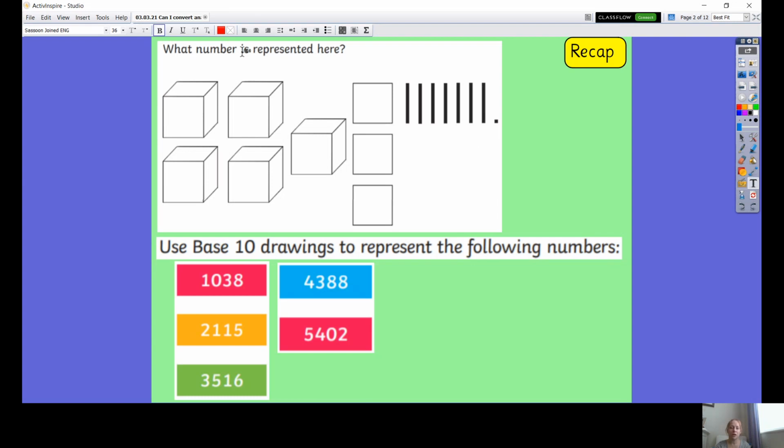When we look at what number is represented here, we can see how many thousands: 1,000, 2,000, 3, 4, 5,000.